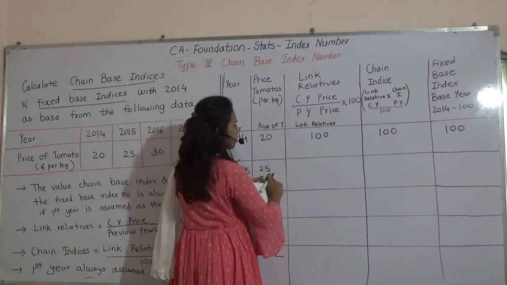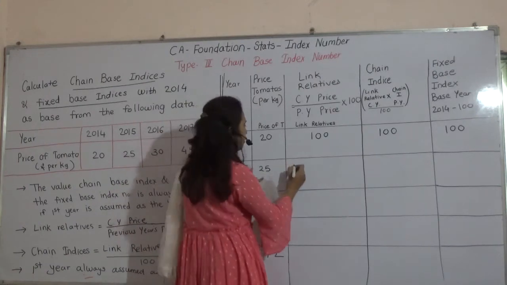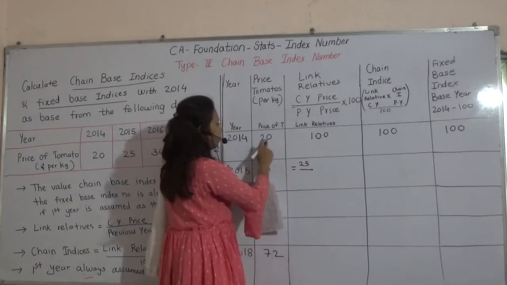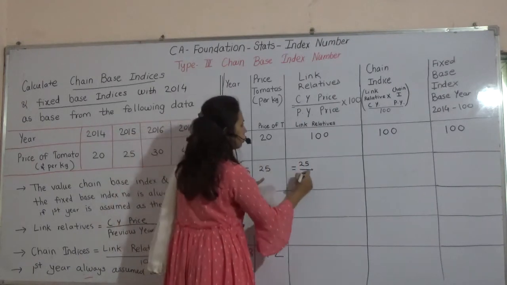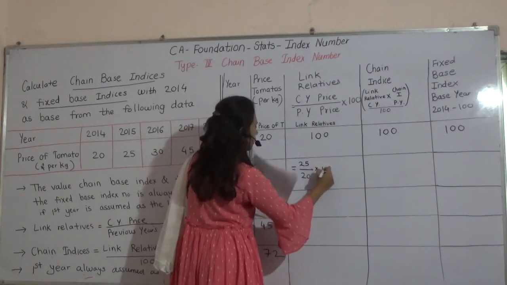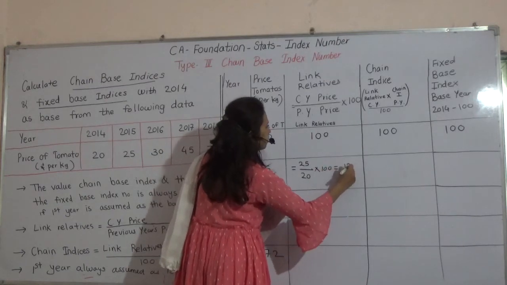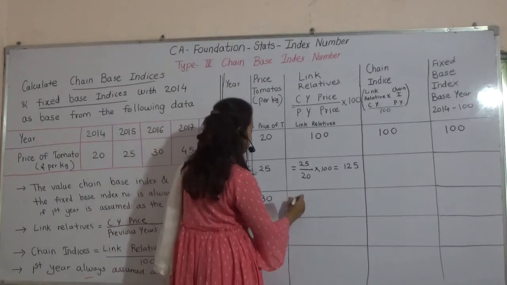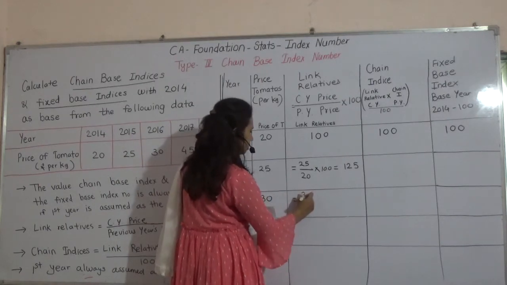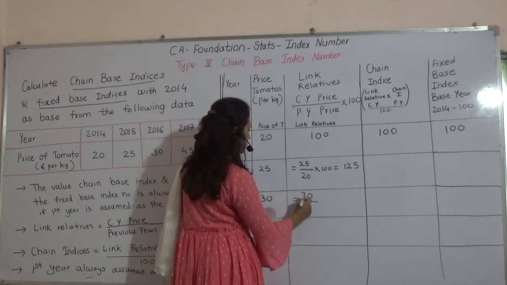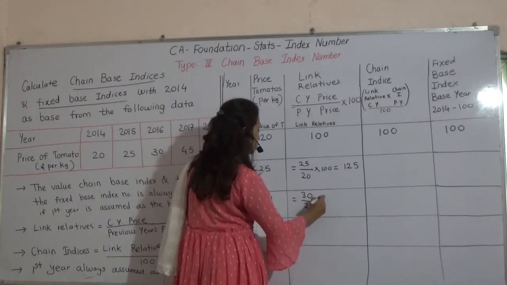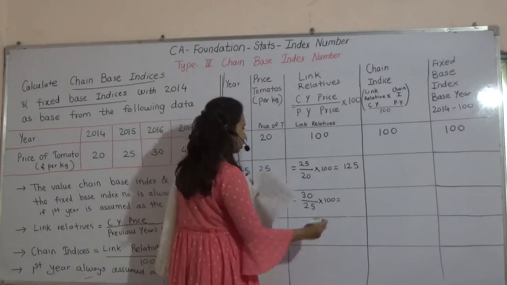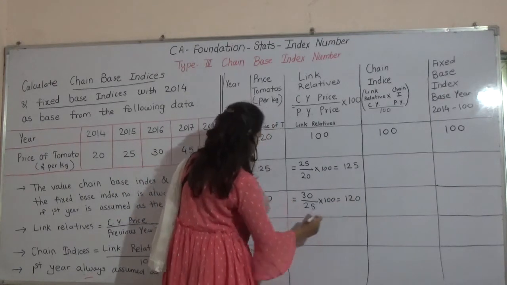Current year price. What is current year price? It is 25. Previous year price. What is previous price? 20 into 100. Answer is 125. Same way, current year price, that is 30. Previous year price, that is 25 into 100. Answer is 120.